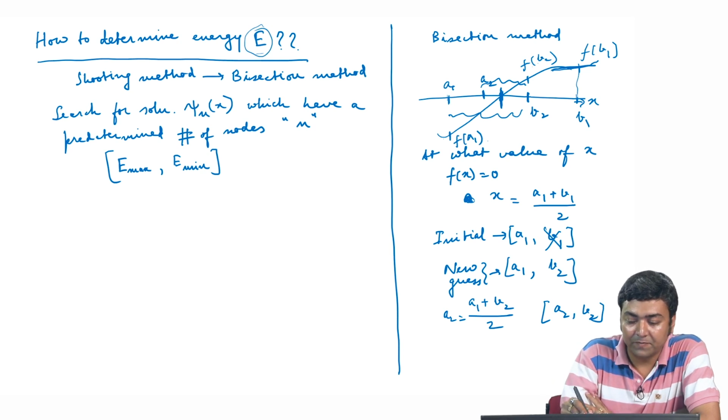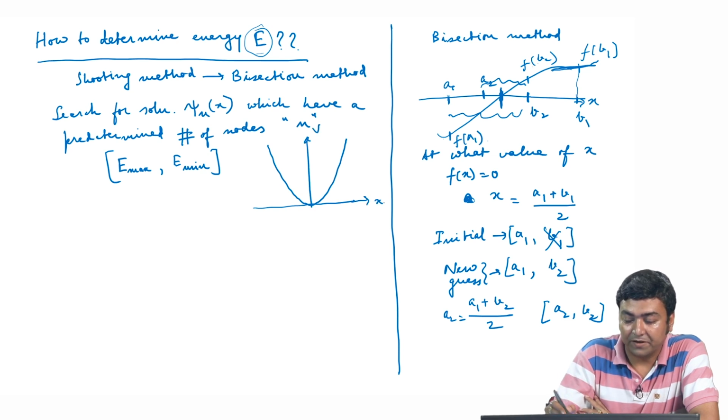Now, for this particular case, this is my harmonic potential, this is my V and this is my x.